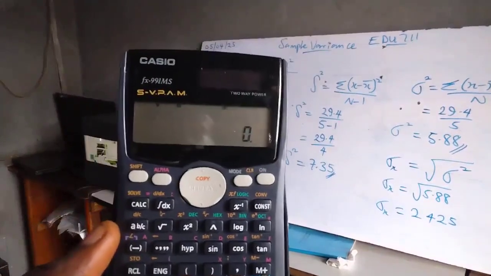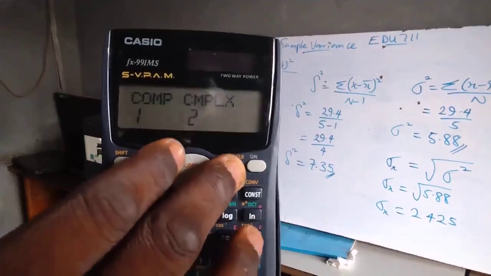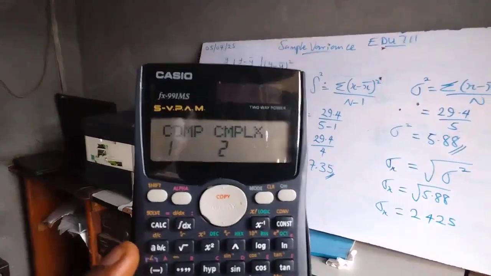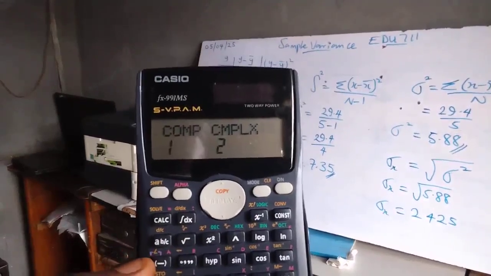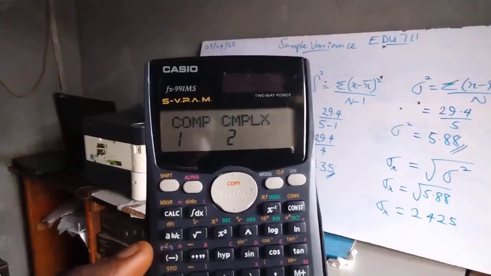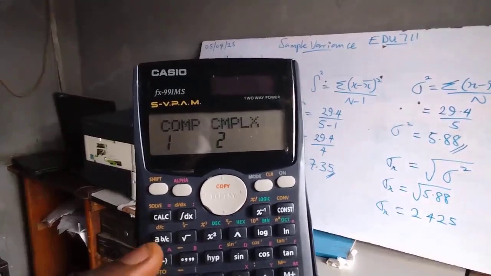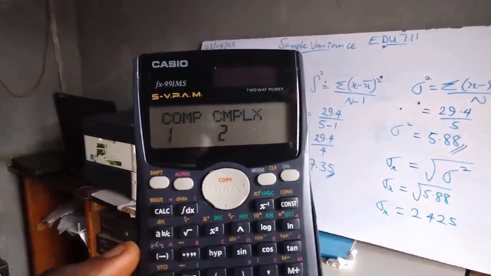What you do is go to mode. You see mode, press mode. You press it the first time. However, note that this is peculiar to this particular calculator. For other calculators, you may need to check how you can achieve it.